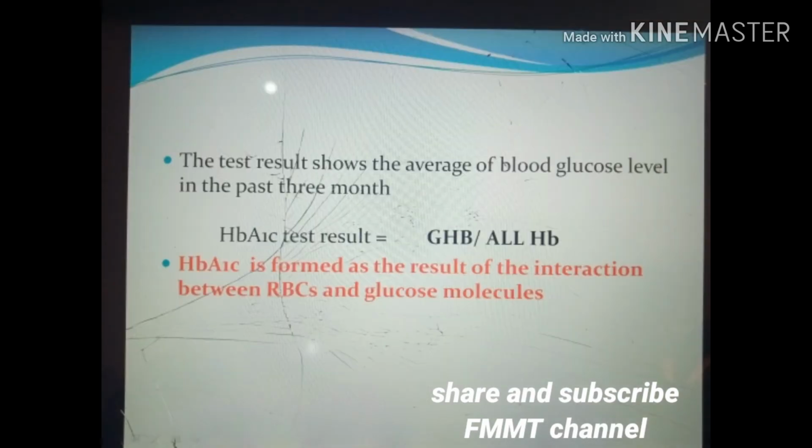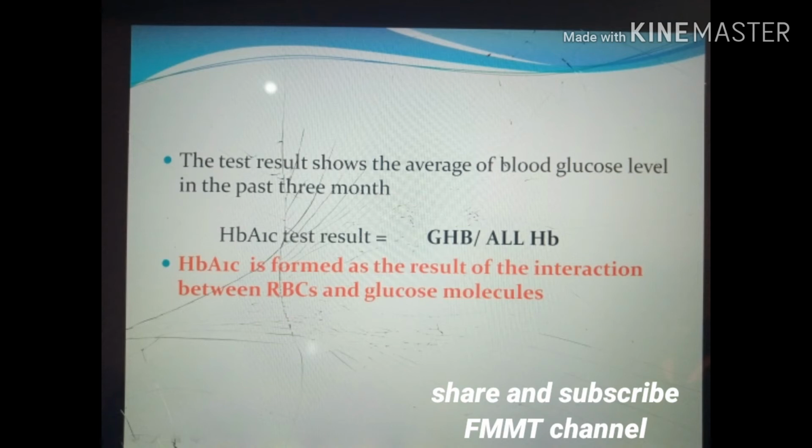Keep in mind, dear students, that the HbA1c test result shows the average of blood glucose level in the past 3 months, because HbA1c protein is formed as the result of interaction between red blood cells and glucose molecule, and we already know that the average life of a red blood cell is 3 to 4 months.